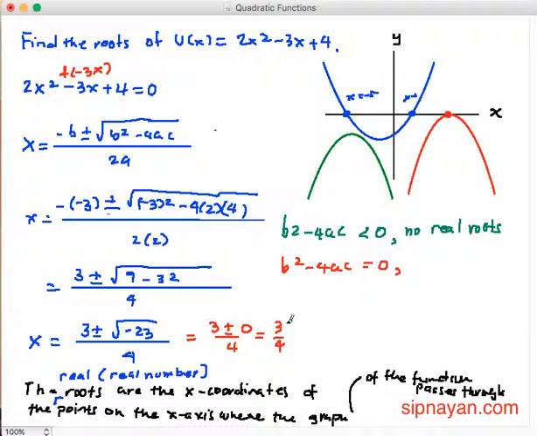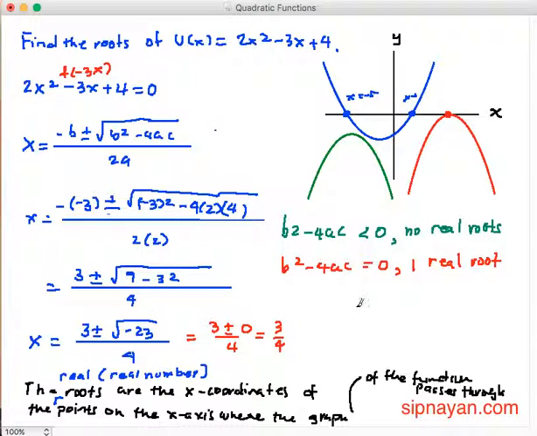It means it hits or intersects the x-axis only once. So this is an example of the situation where b squared minus 4ac is equal to 0. So this is one real root.